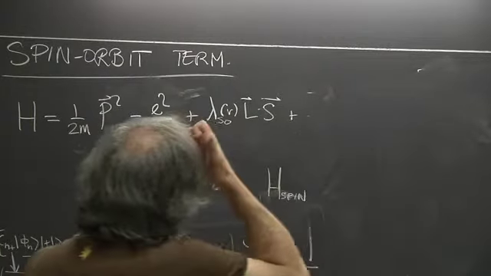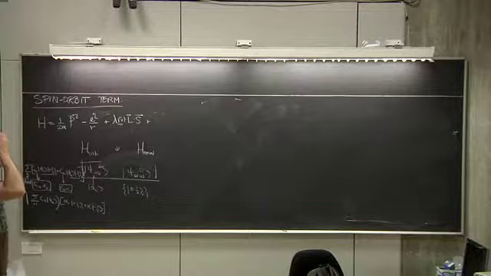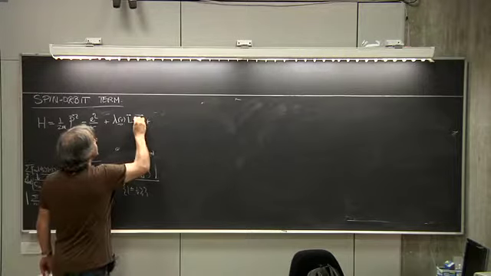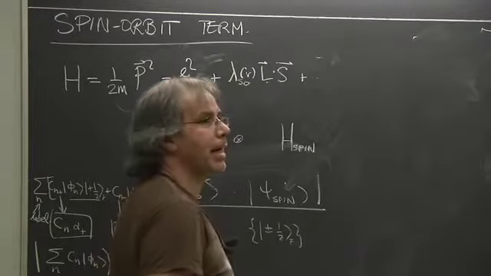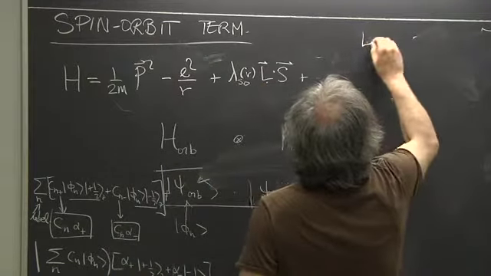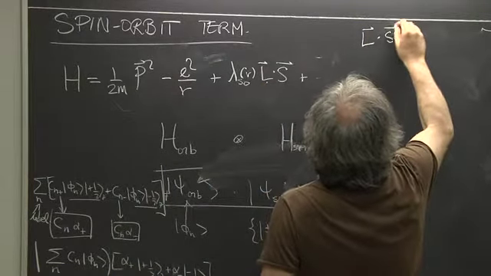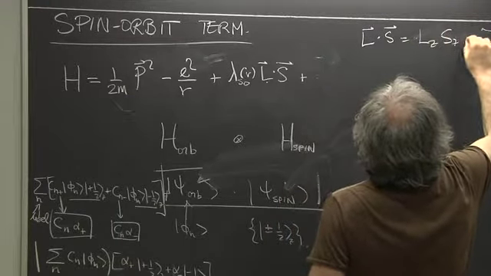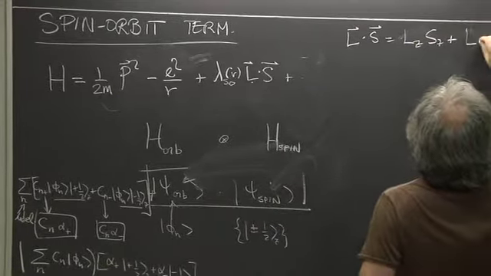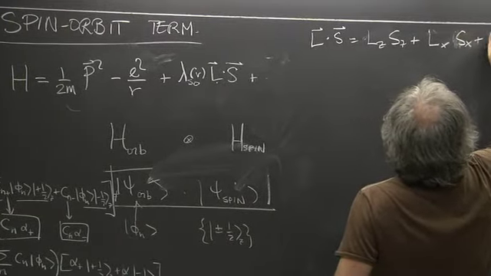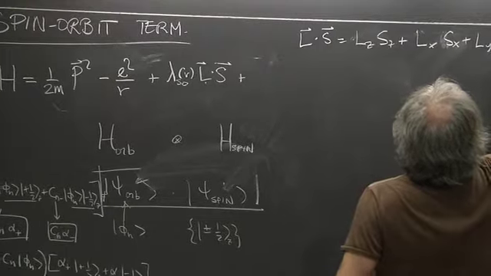Now you see, there is a problem. Although there is no magnetic field, the spin appears explicitly, and worse than that, it appears multiplied by L, okay? So explicitly, a term like that means Lz times Sz plus Lx Sx plus Ly Sy.